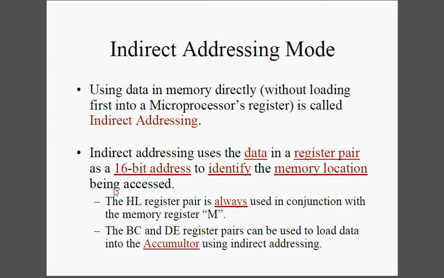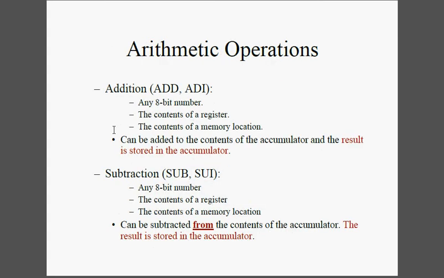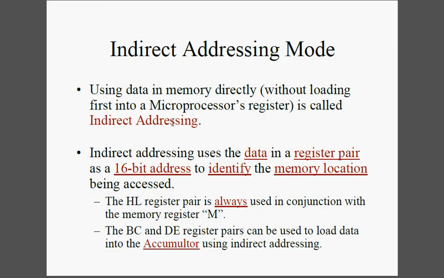And then indirect addressing mode. So this is what they call indirect addressing mode. Okay, for example here, using data in memory directly without loading first into the microprocessor is called indirect addressing. Indirect addressing uses the data in a register pair as a 16-bit address to identify the memory location being accessed.